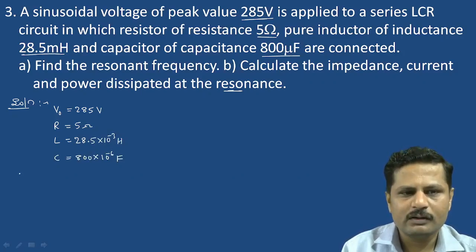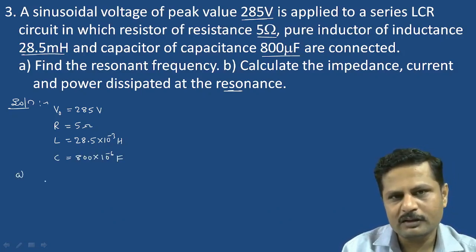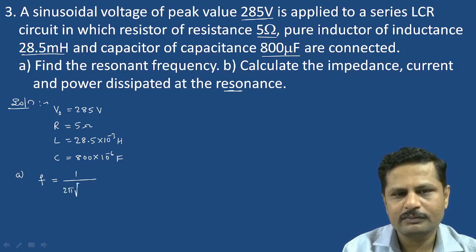We have a formula for the resonant frequency: f equals 1 divided by 2 pi square root of LC.